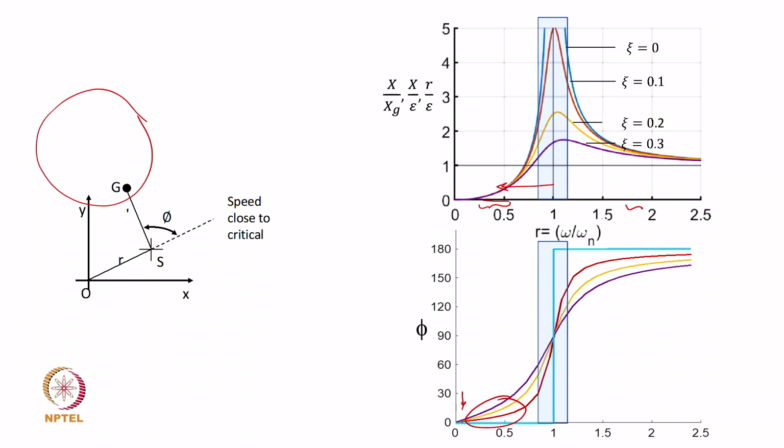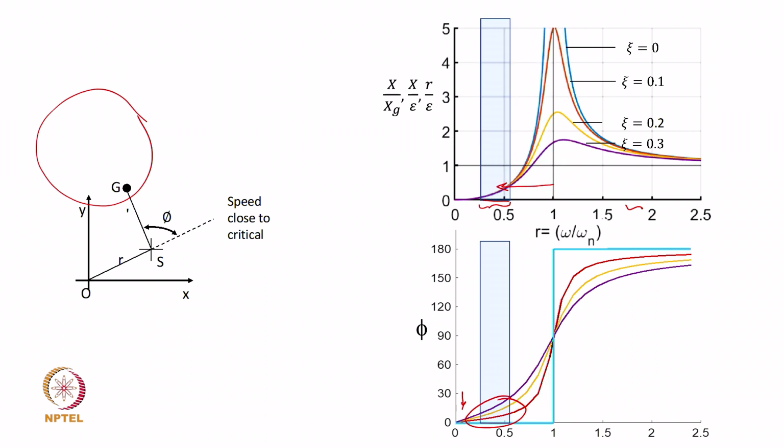Now, if it operates in a speed range lower than the critical, that means it is going to operate somewhere here. You may notice that for this range of operation less than the critical, the phase angles are going to be less than 40-45 degrees. Usual angles are less than 30 degrees here, because the damping is typically small enough.